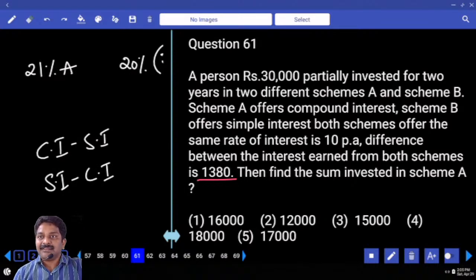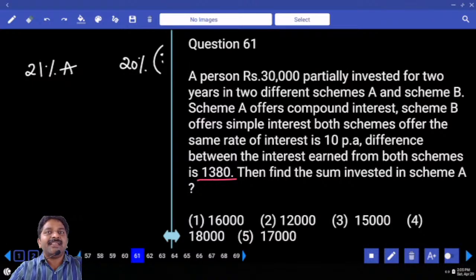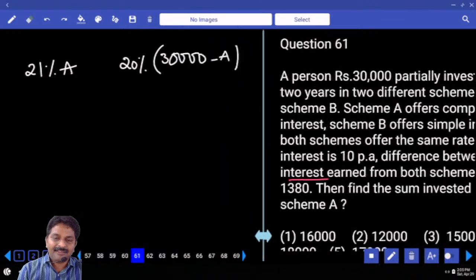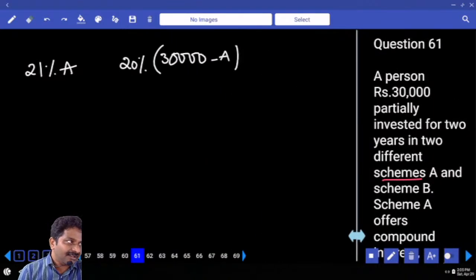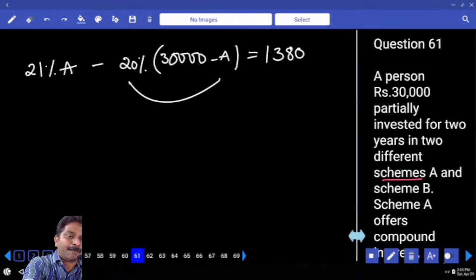So we need to find out first compound minus simple, assuming that compound interest is ideally more than simple interest. Understood? If principals are different, definitely we need to take the reverse way, simple minus compound. But anyway, let's start with this difference, which is equal to 1380. Is that correct? 1380, right? Minus of minus.